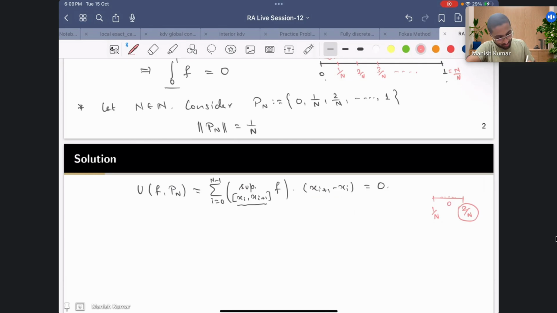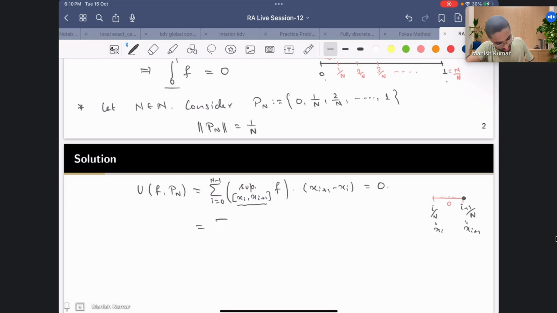So the supremum of this function on each of these subintervals, let's say i by n to i plus 1 by n, so this is x_i and this is x_i plus 1, right? In this subinterval, the maximum value of the function will be achieved at this point. So the maximum value will be achieved there, and f of x is x at that point, because these are the rational points.